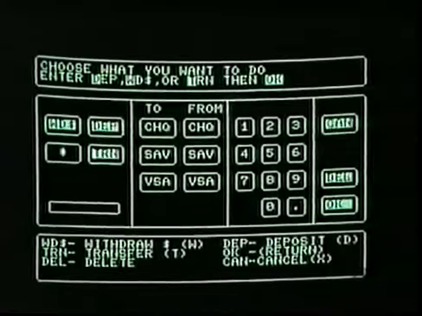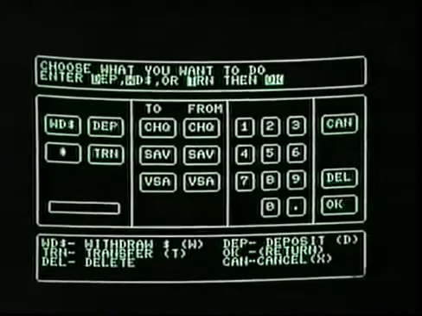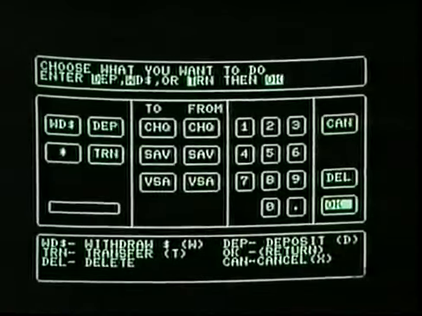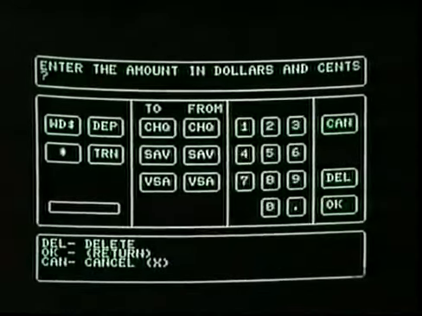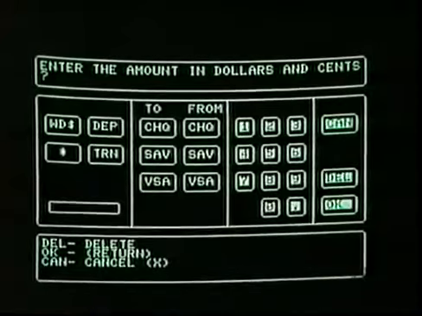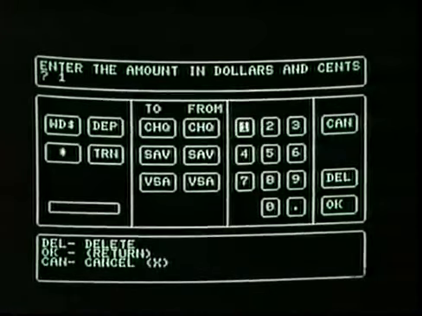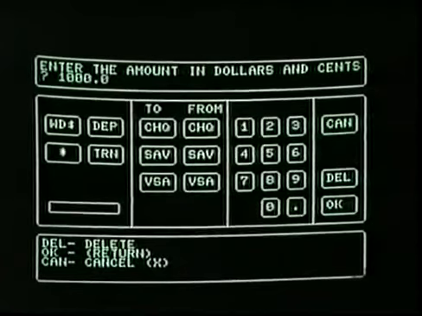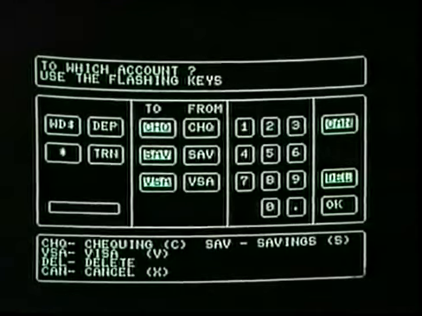Oh, this is exactly like the machine at my bank. Yes, this simulation is much more realistic than the Choplifter one. Choose what you want to do. Well, let's see now. I think I'll deposit some money. Enter the amount in dollars and cents, so, well, let's say $1,000. To which account?